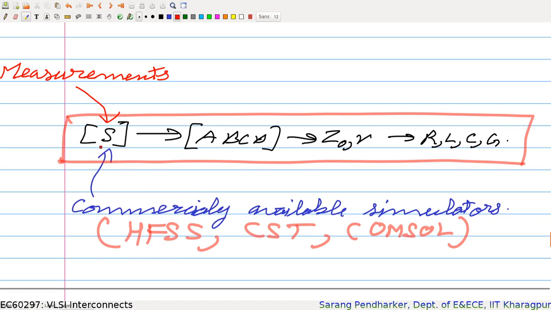Even though that might not be exactly what will finally be fabricated, if I want to extract these parameters from my simulation and I don't want to write my own code from scratch, I can use these commercially available simulators, get the S parameters, and then follow the same procedure to model RLCG. So that is another advantage of these scattering parameter based techniques, that easily available simulators can also be used for analytical and circuit level characterization of your interconnect.